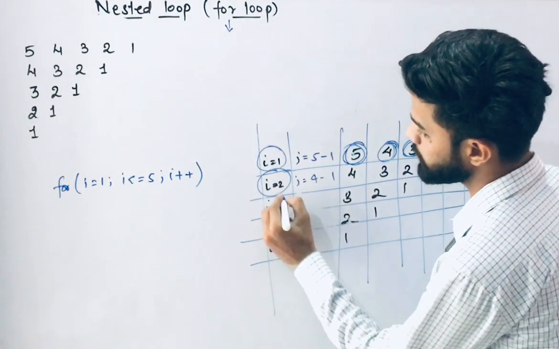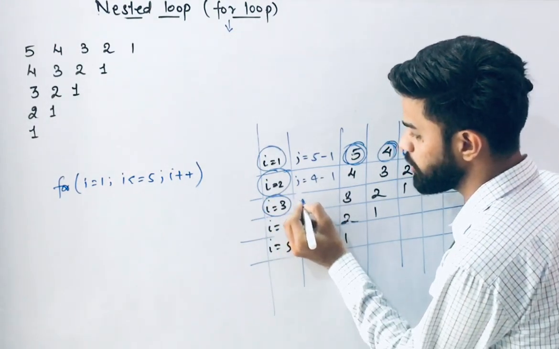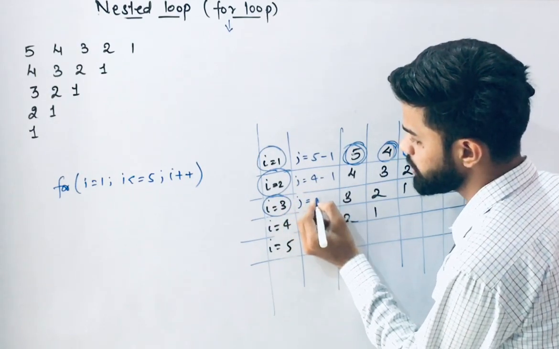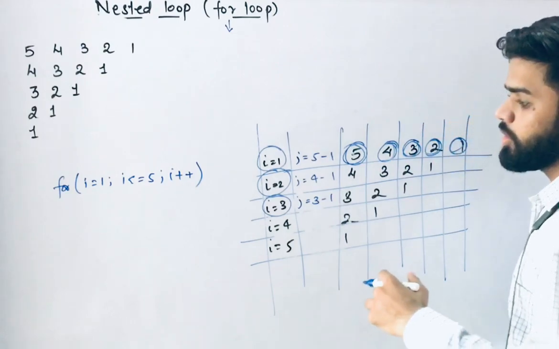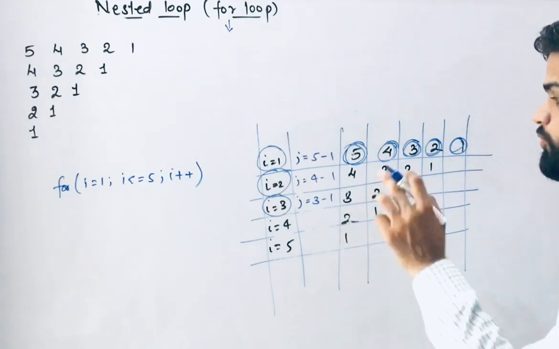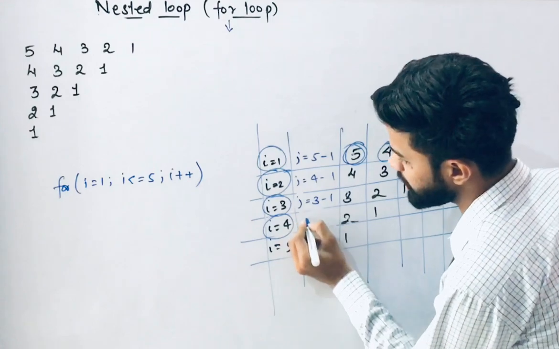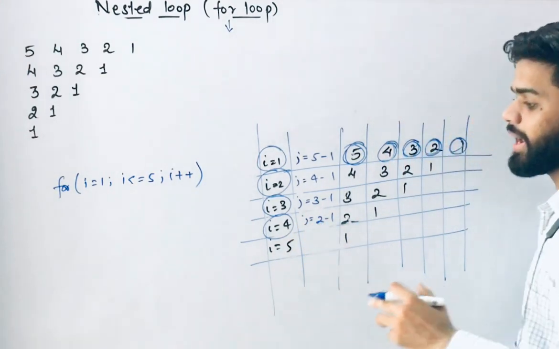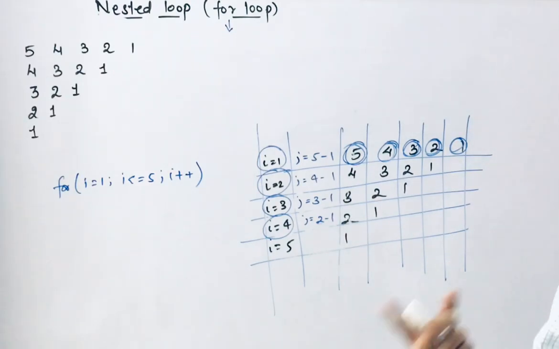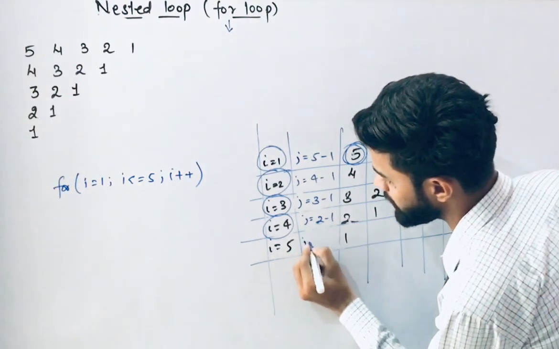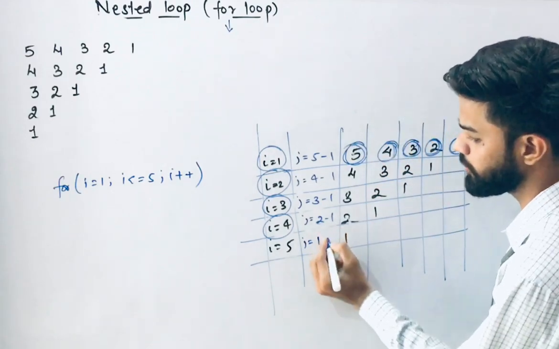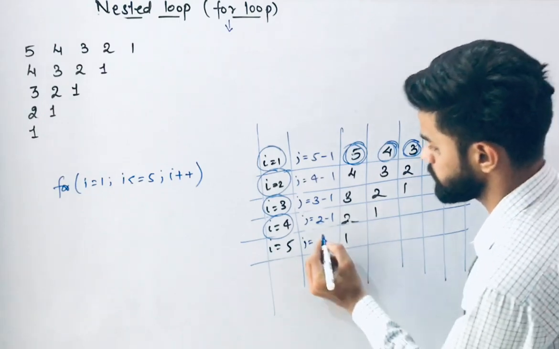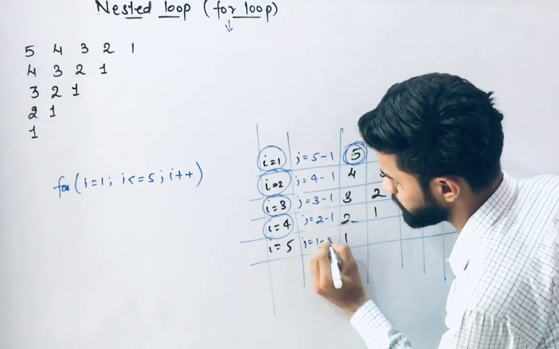When it runs the third time, the inner loop j runs from 3 to 1. The fourth time, it prints from 2 to 1, and the fifth time, the inner loop prints from 1 to 1, which is only 1.